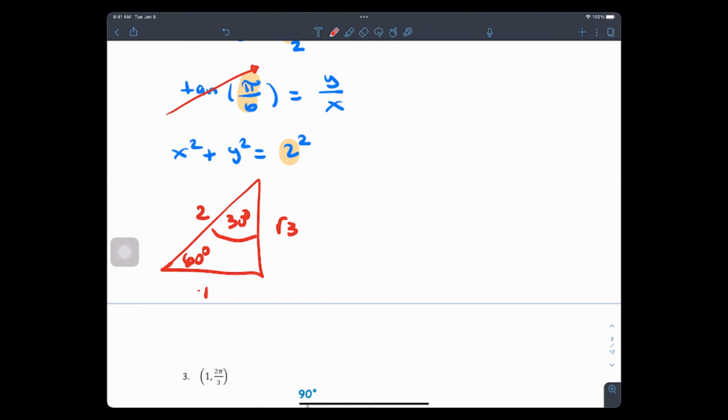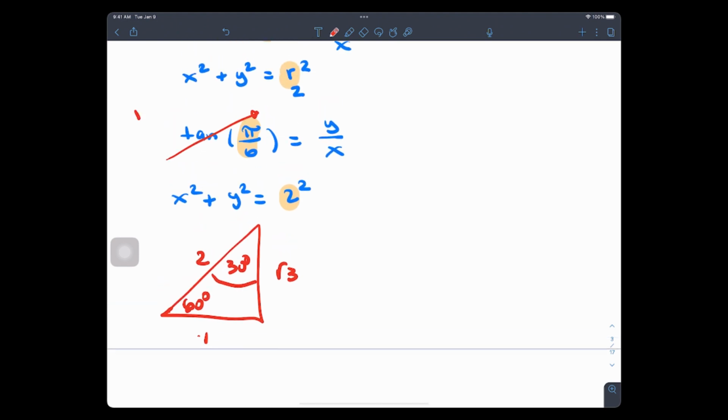So you say, well, what's going on here? Well, tangent 30, what's this going to be? Anybody know the definition of tangent? Isn't it opposite over adjacent? So I think this is supposed to be opposite over adjacent.